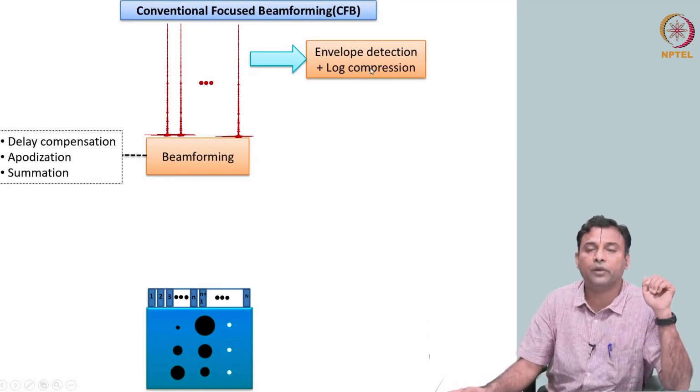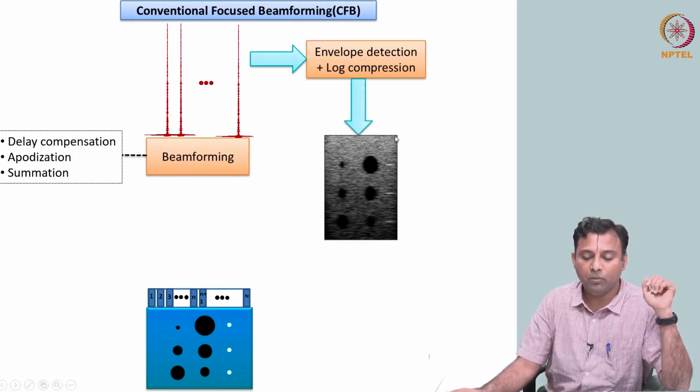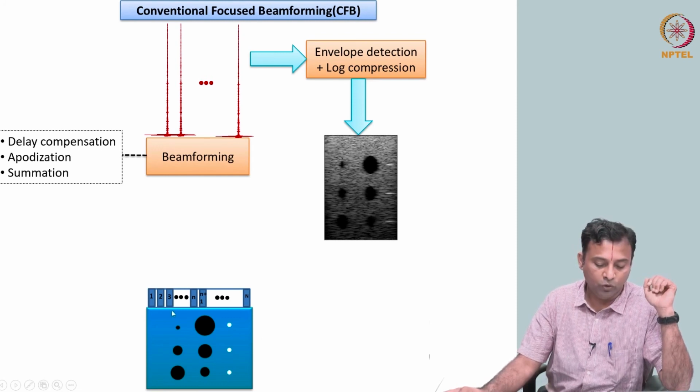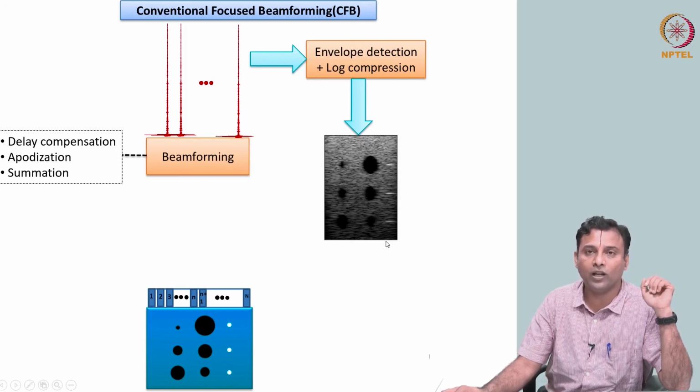If you do that, magic, this is the image that you get just by this operation. This is your ultrasound image, B-mode image, brightness, sonogram, whichever name you have heard.